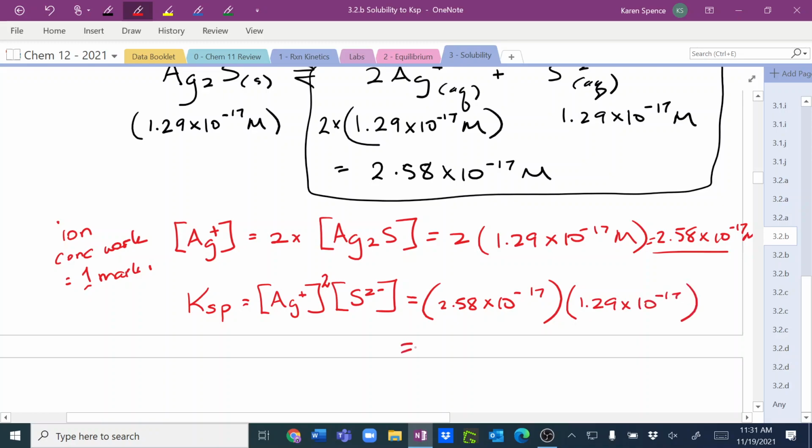And we get, oh, what did I forget? I forgot to square the Ag. So don't forget to square the Ag. And when we do that, we get 8.6 times 10 to the negative 51.